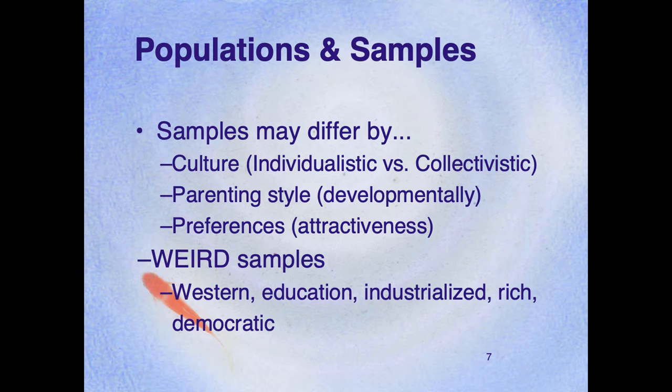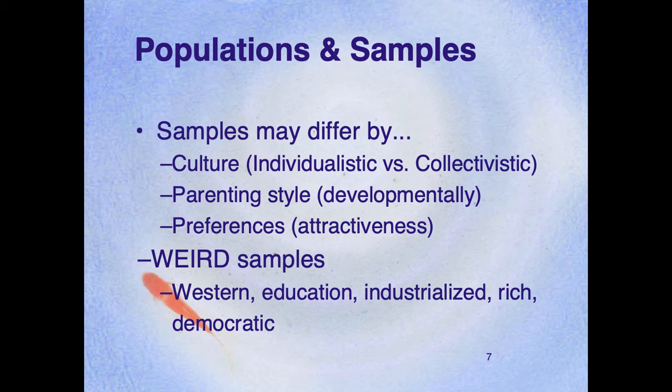And then, of course, your book talks about these WEIRD samples, we call them Western, educated, industrialized, rich, democratic individuals who are usually found in our studies. It's in the 90-something%. Most research is done in the US and England and the Western European countries.